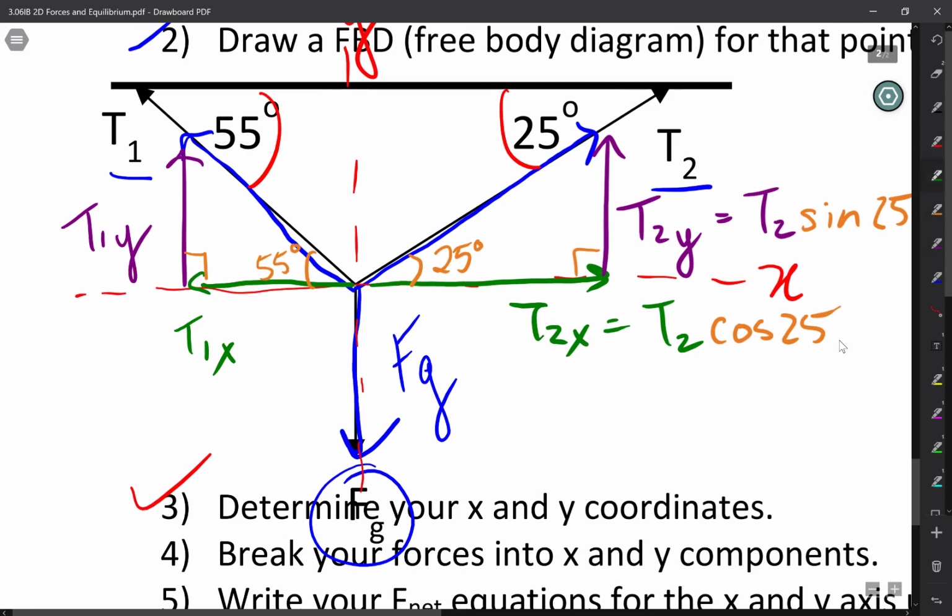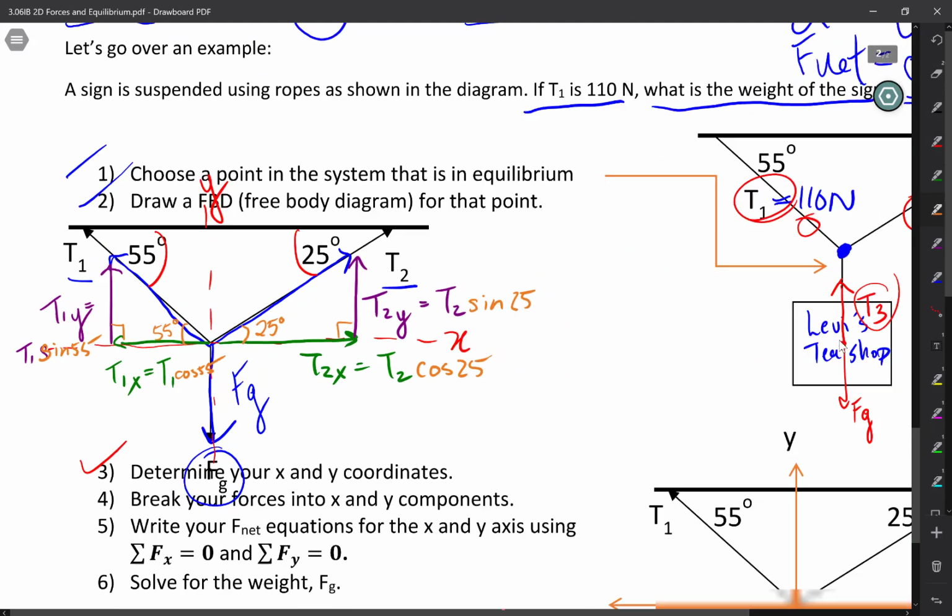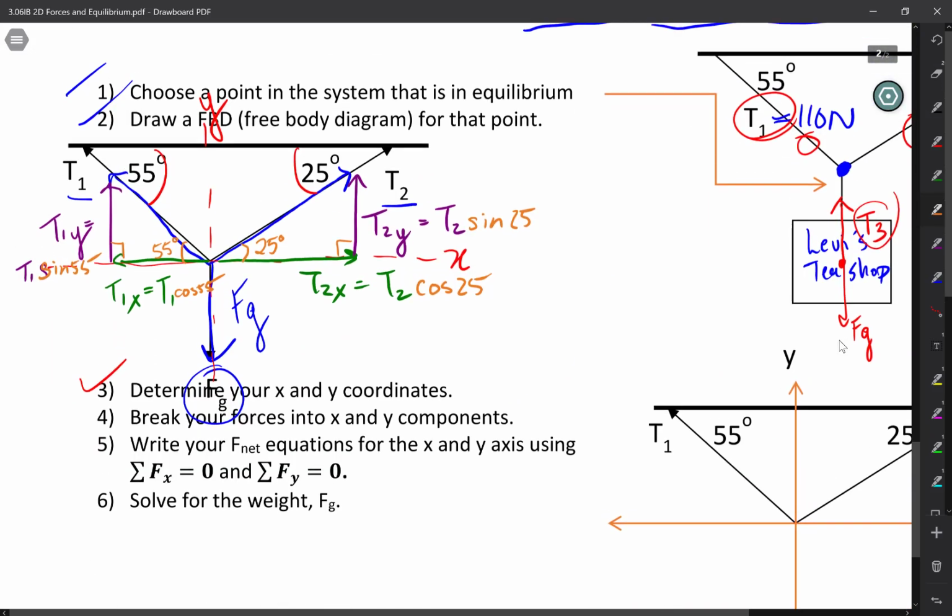The other side is very similar. This will be T1 cosine of 55. And then T1x, this will be T1 sine of 55. Okay, so I've broken down all of my vectors into their components.